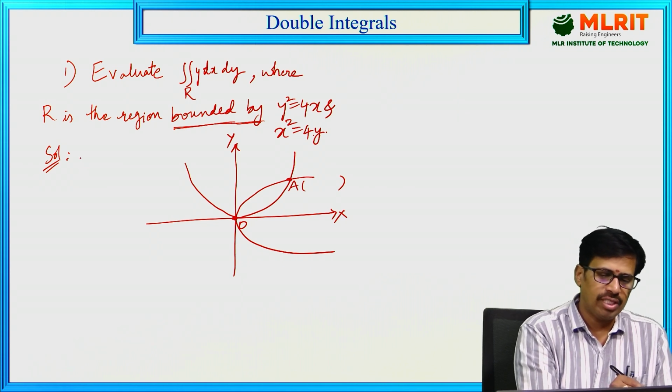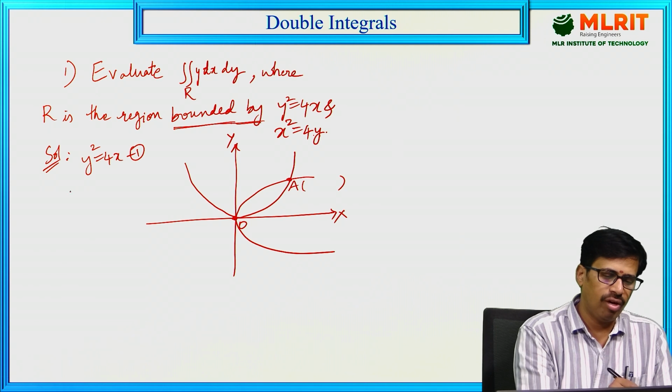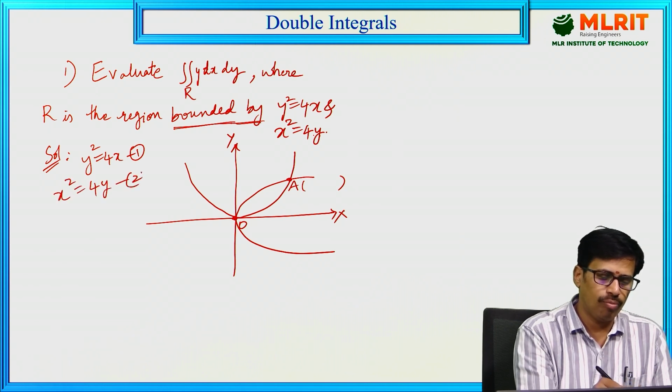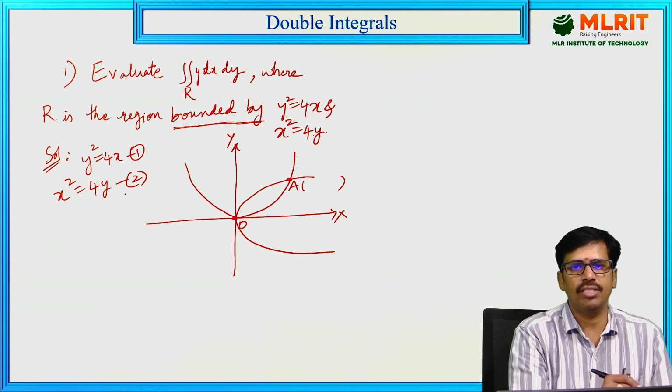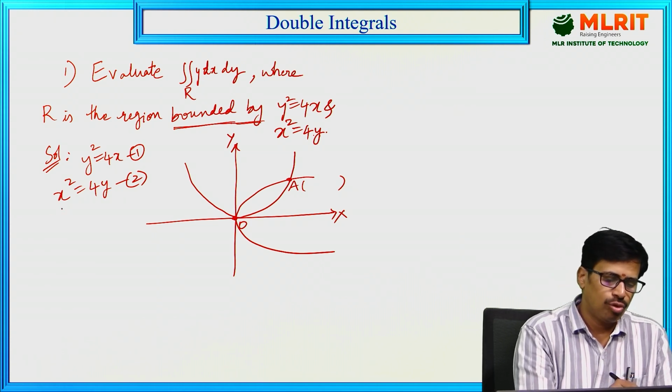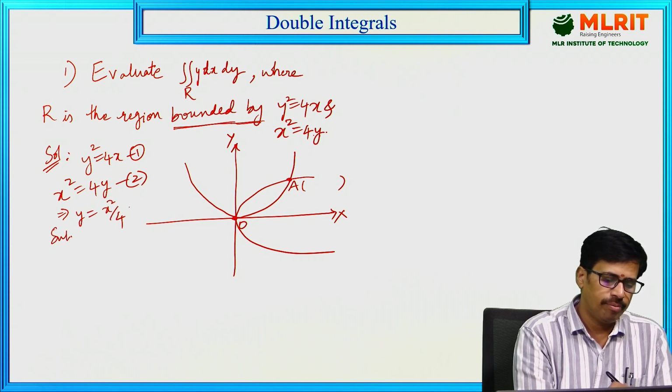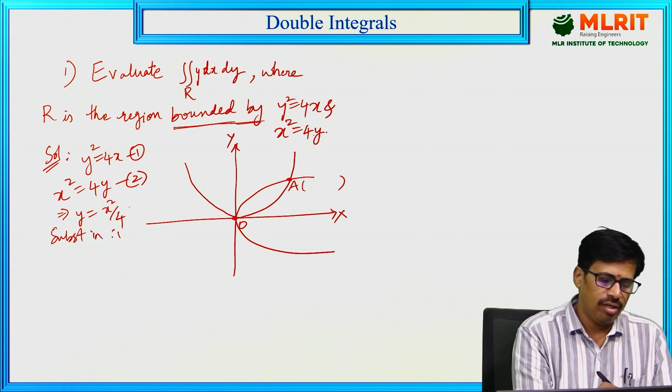So the first curve is y square equal to 4x, equation 1. The second curve is x square equal to 4y, equation 2. To find the point of intersection, let us solve these two parabolas. From equation 2, what is the y value? x square by 4. That we substitute in equation 1.